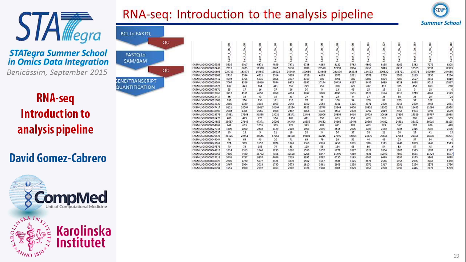Well, a lot, not. I would say it's good enough for genes at a certain level, not for isoforms. 100 million is fantastic. But then the counts cannot be compared, because you have more reads here just because you have more reads in your sample, right? Okay, what else can happen?